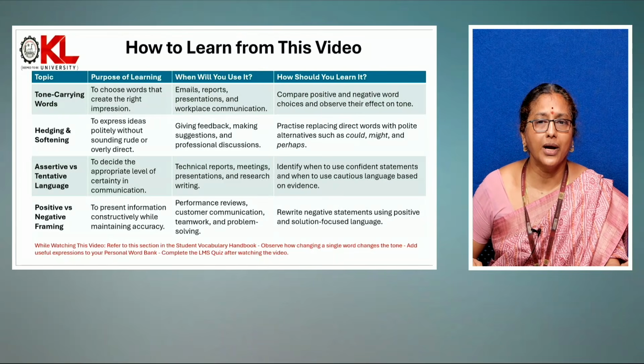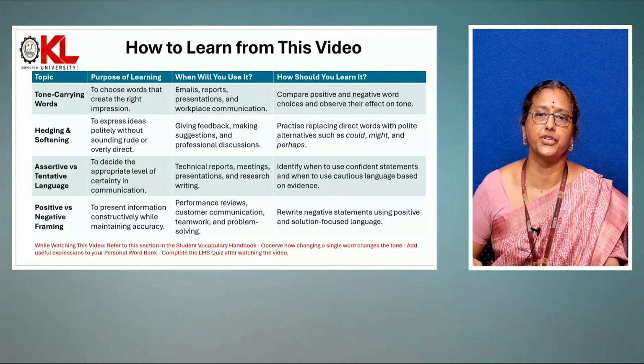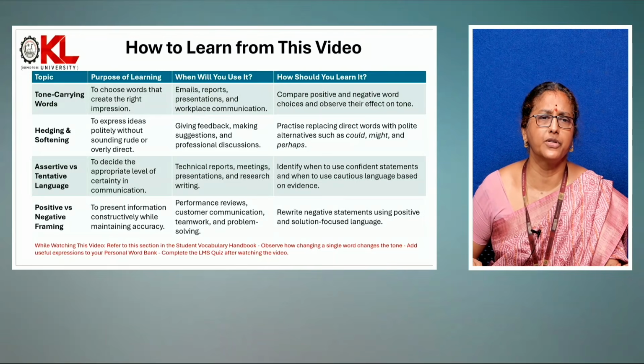Students, all that you have to do is you have to start practicing them. You have to observe. You have to compare positive and negative word choices. Only then you will appreciate them. Next, hedging and softening. Why is that required? What is the purpose of it? To express ideas politely without sounding rude or overly direct.